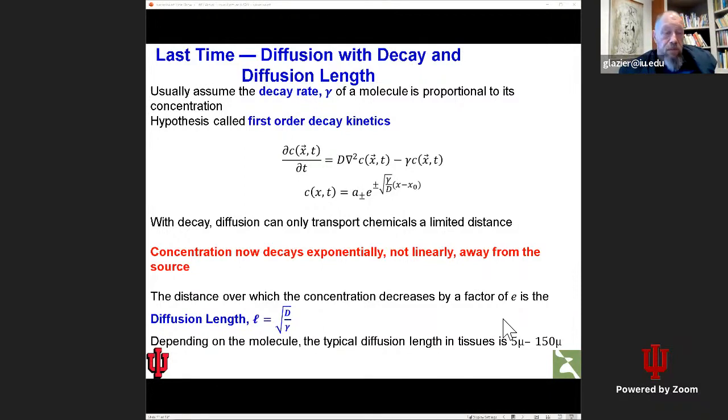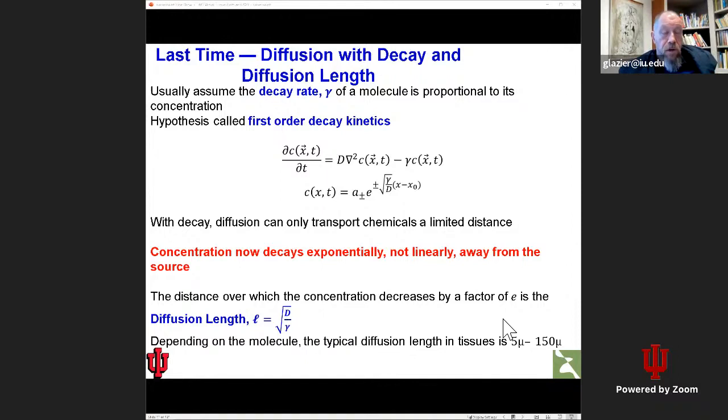And the key thing to remember is that decay typically is modeled as what's called first-order decay kinetics, which is otherwise known as exponential decay, which is that the rate of decay is proportional to the amount of the chemical that you've got. And the main advantage of that is that if the amount of the chemical goes to zero, the rate of decay goes to zero, and so your concentrations don't go negative on you.